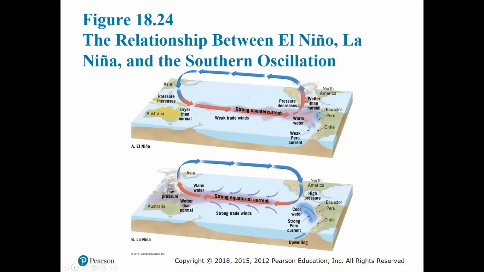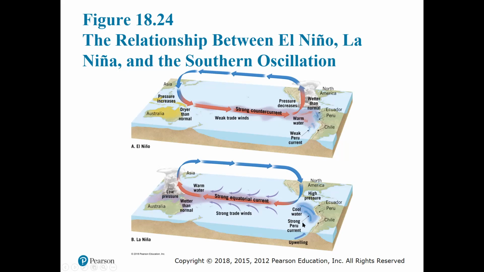And so here we can see what happens. This top picture is El Nino. So we get a counter current, weaker trade winds, and so we get warm water being brought, and we get wetter than normal conditions around South America.